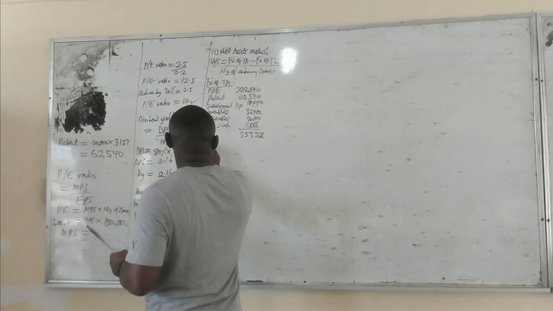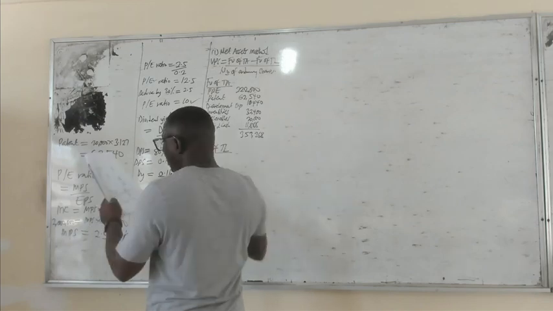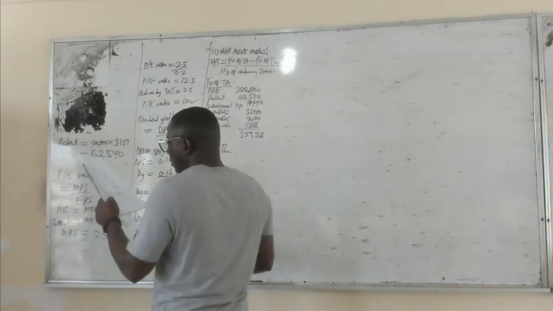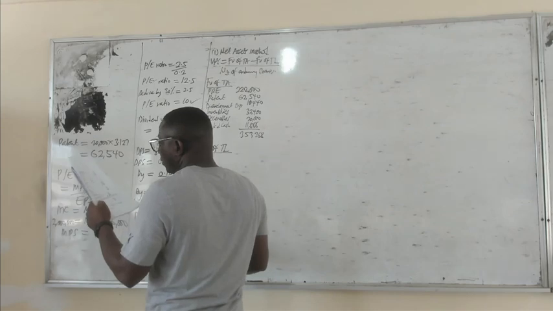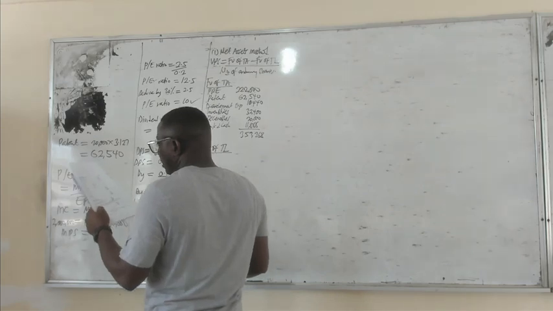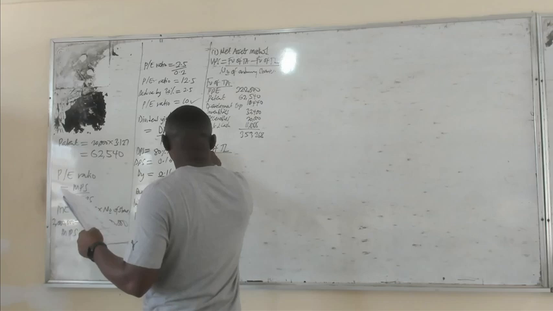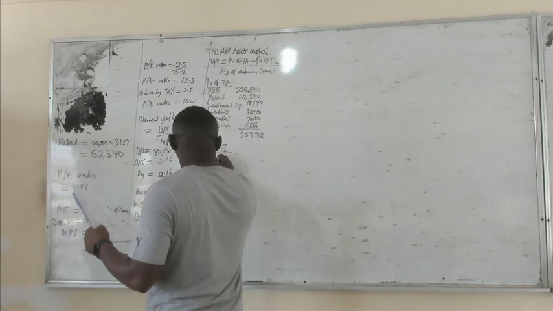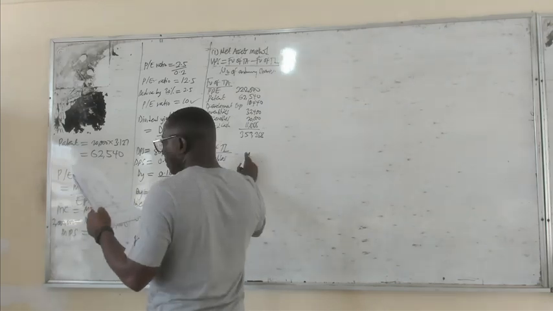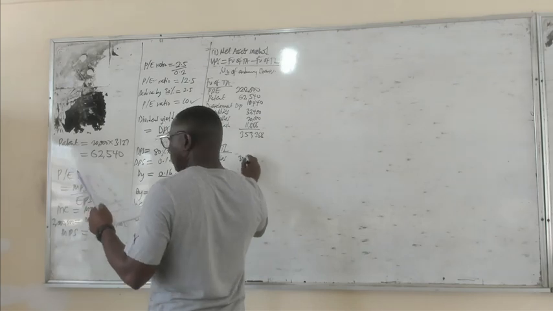Fair value of total liability. So let's check our liabilities. You don't forget that if you have preference share capital, you add it to the liabilities. Payables, I don't think it has changed. What was the payables figure? 30,000.